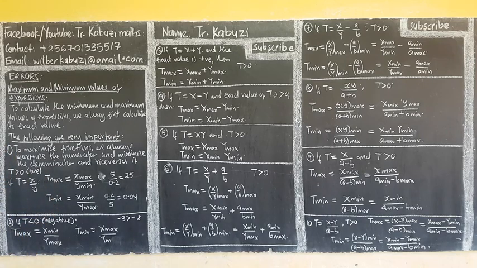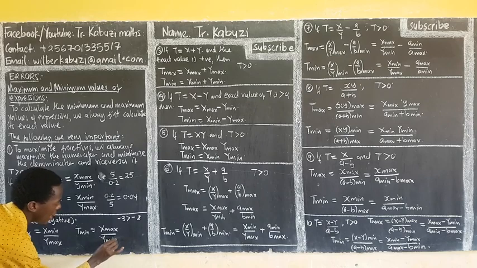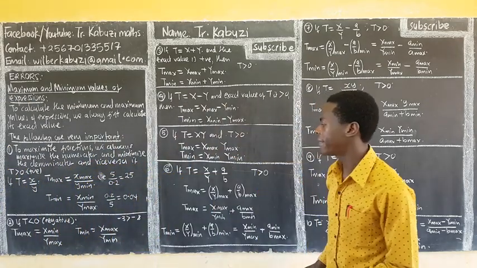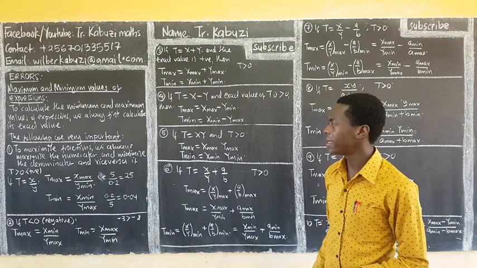We minimize the numerator, as simple as that. That's the case we have there.